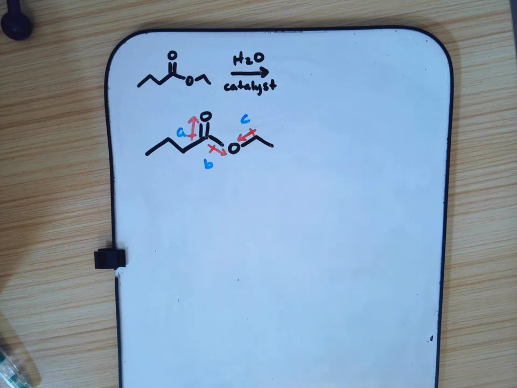So this oxygen is being pulled in two different directions. If we look at bond C, we have an oxygen that is bonded to a carbon. So that carbon is being pulled towards that oxygen. The electrons in that bond are being pulled towards that oxygen.